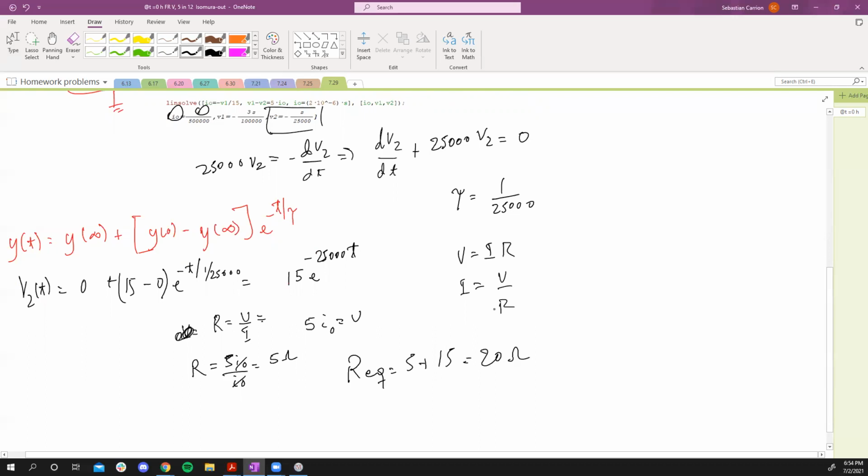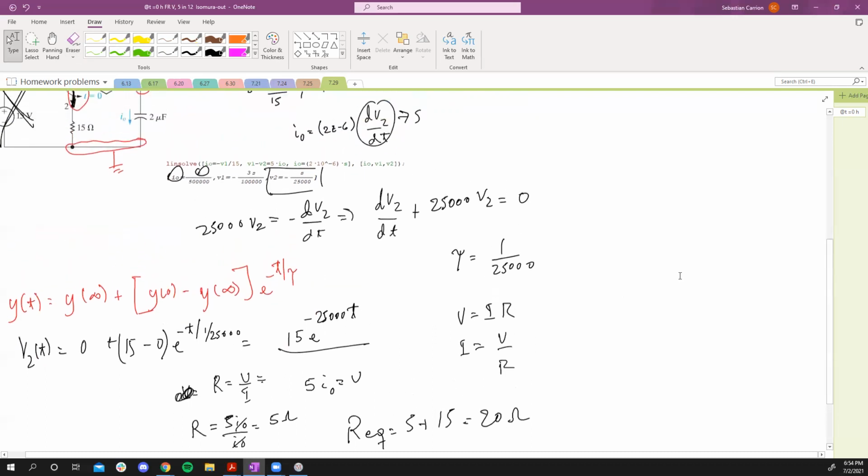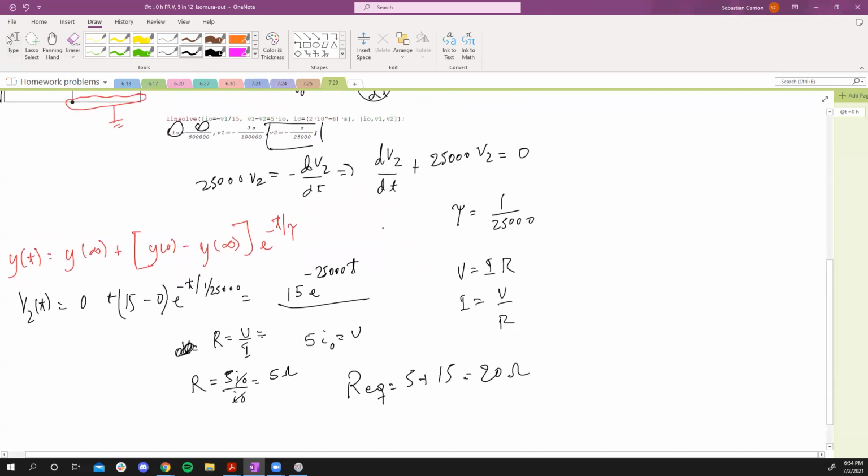So then we can go ahead and say this value V is i0. We know that i0(t) equals 15e to the negative 25,000t over 20.